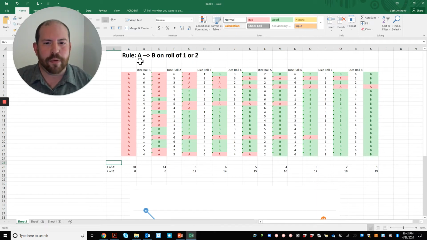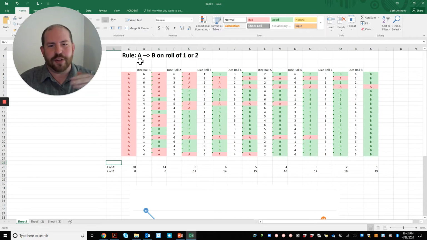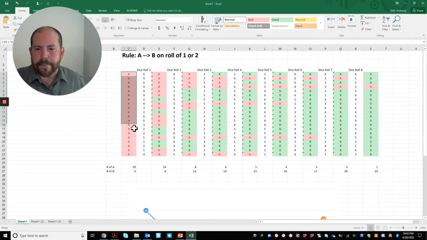So my rule for reenacting this reaction, A goes to B, is that for each roll of the dice, and everyone in the class gets to roll the dice, if you roll a 1 or a 2 and you're an A, you get to convert to a B in that dice roll. Think of it as 1 second or 1 millisecond or 1 femtosecond, however slow or fast you want your reaction to be.